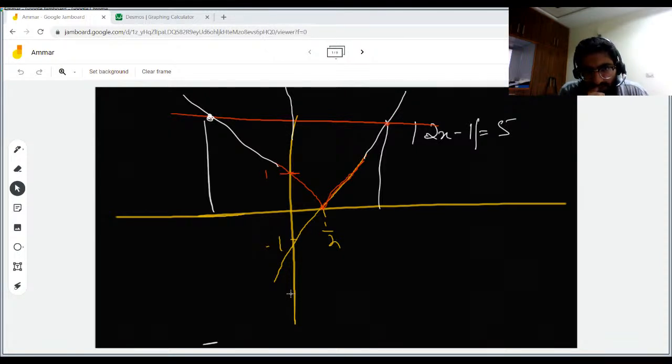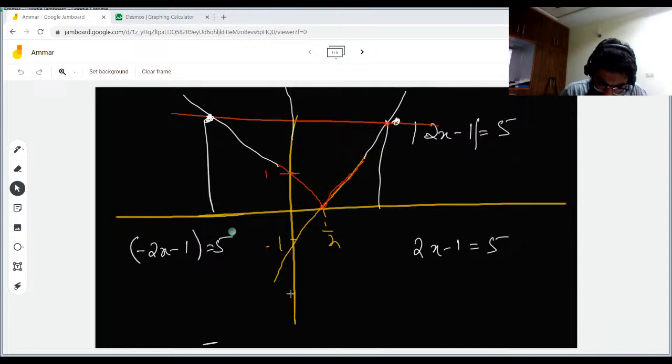Okay, so these are the intersection points: 2x minus 1 is equal to 5, and this particular one will be minus 2x minus 1 is equal to 5. This equation, this line, what is it?